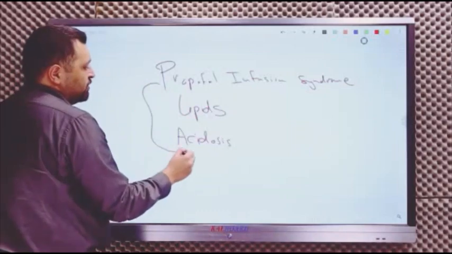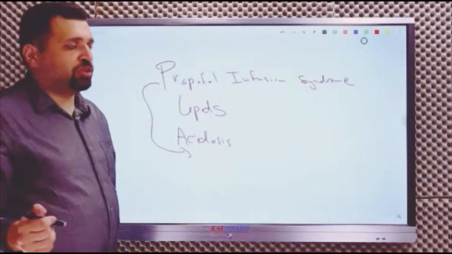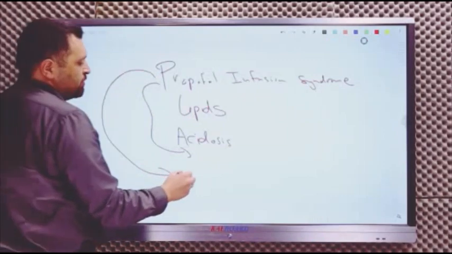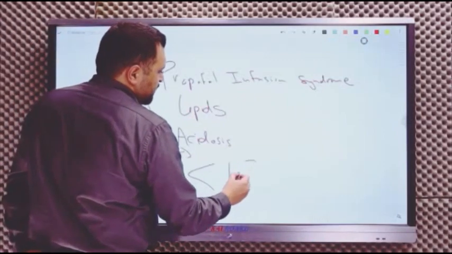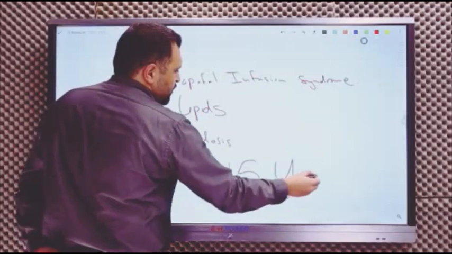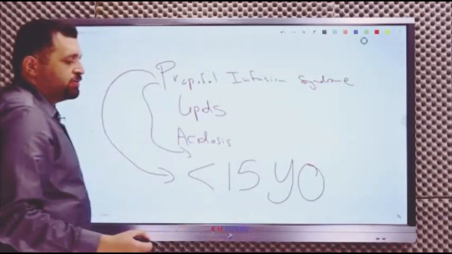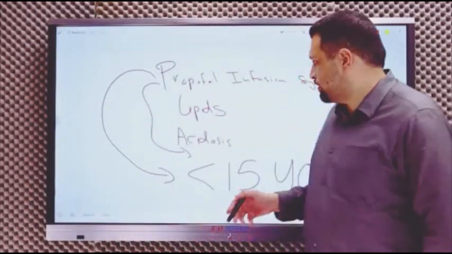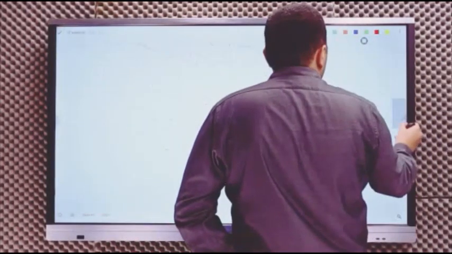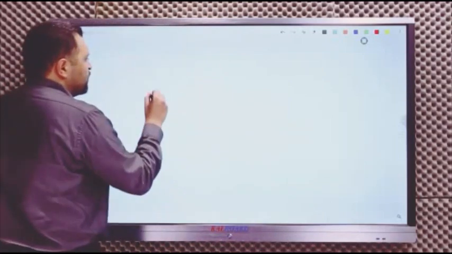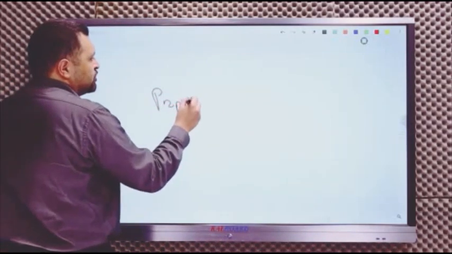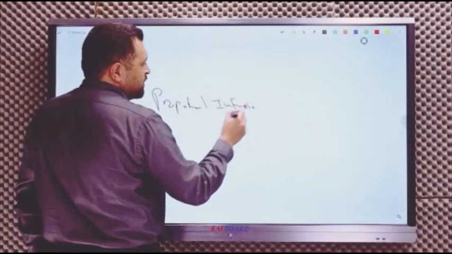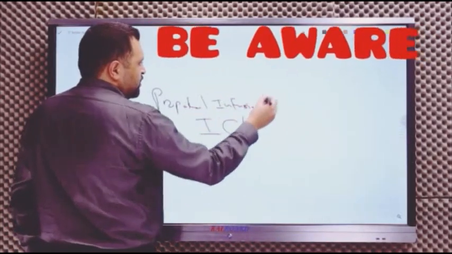In fact, it might lead to death, unfortunately. This syndrome is especially seen in patients less than 15 years old inside the ICU, the intensive care unit. That's why you should avoid Propofol infusion in pediatric or children patients inside the intensive care unit.